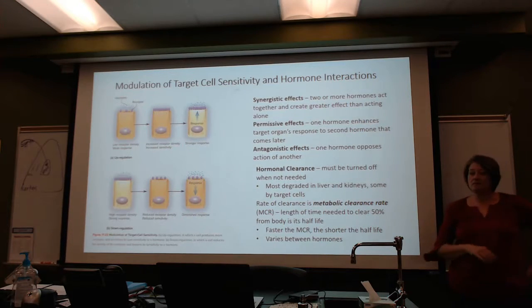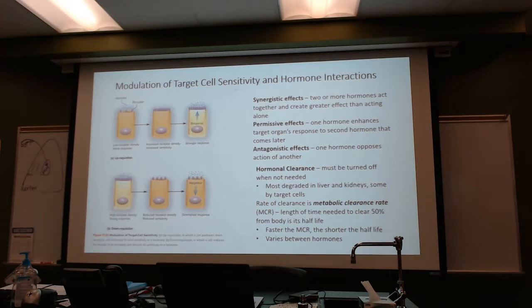One of the things that we can actually have tested is our metabolism. And all of these chemicals have a rate of clearance. They have what's called a half-life, meaning how long does it take to clear out half of the chemical from the body.